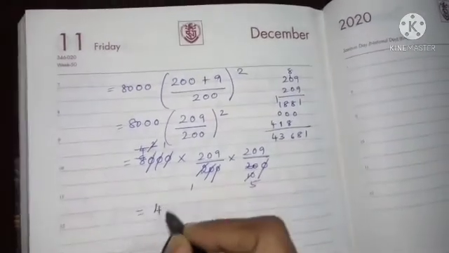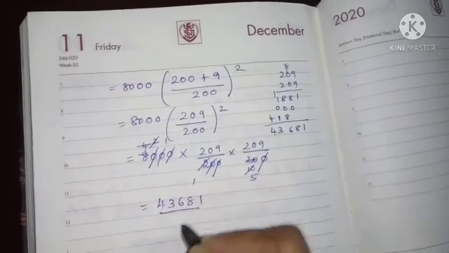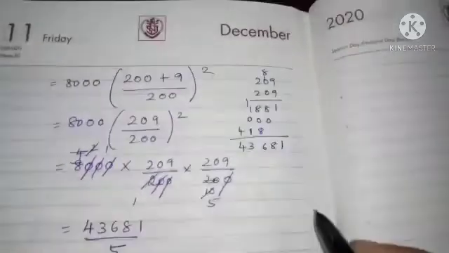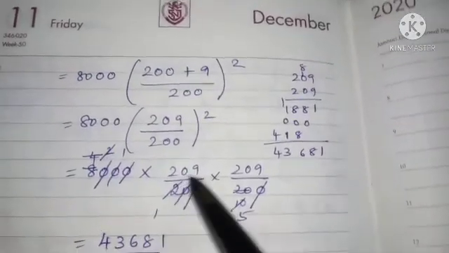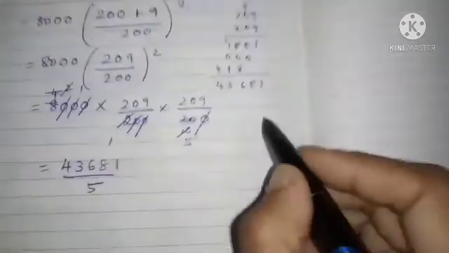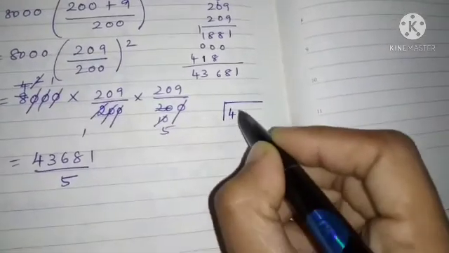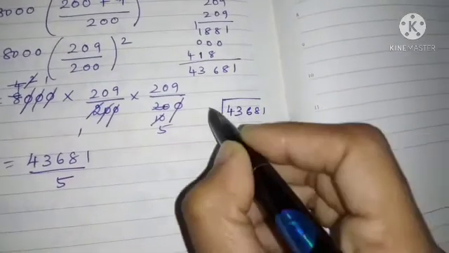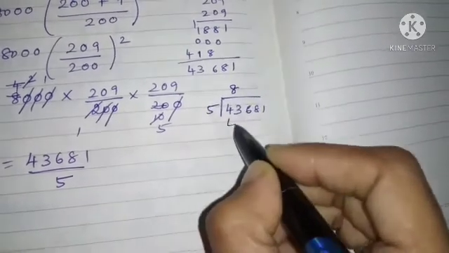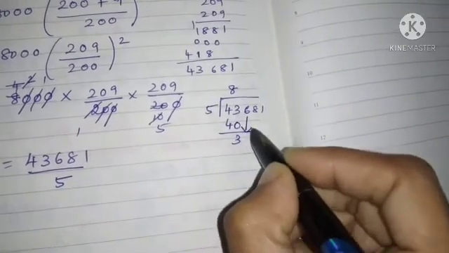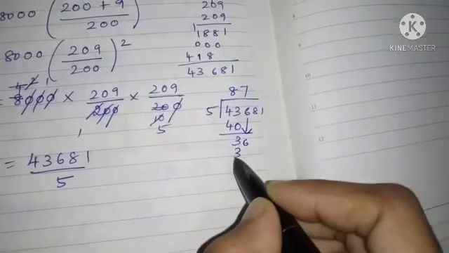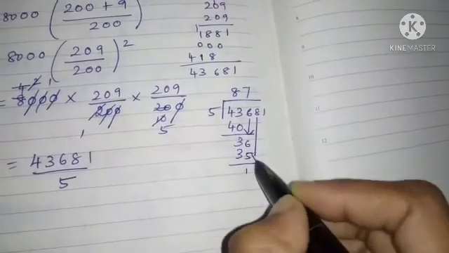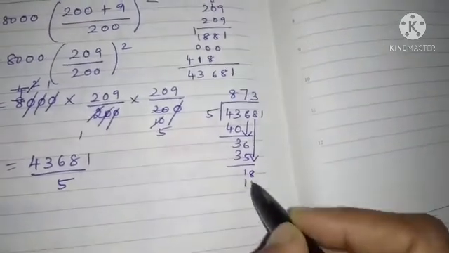So what you are getting? 43,681 divided by 5. Anything else is there? Just multiplying these two. I am just cancelling it. 43681 divided by 5. 5 8s are 40. Remainder 3. 6. 5 7s are 35. Remainder 1. 18. 5 3s are 15.